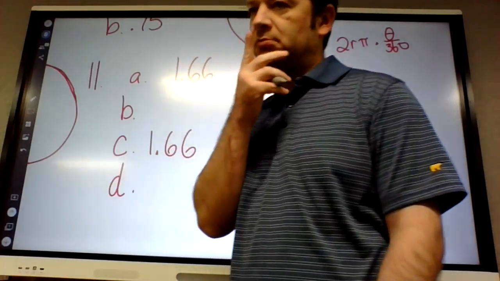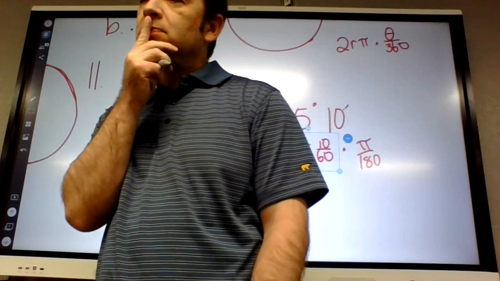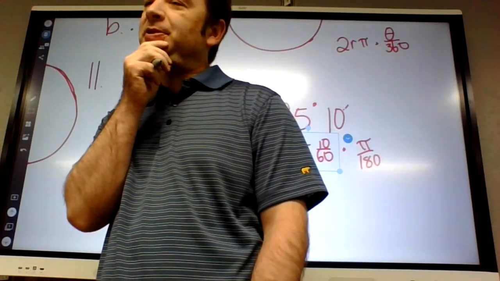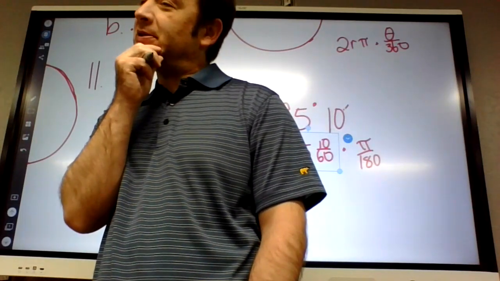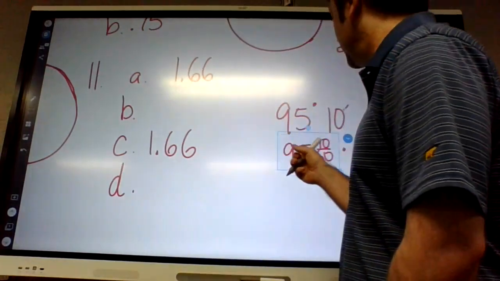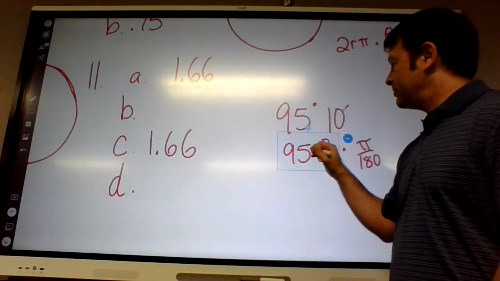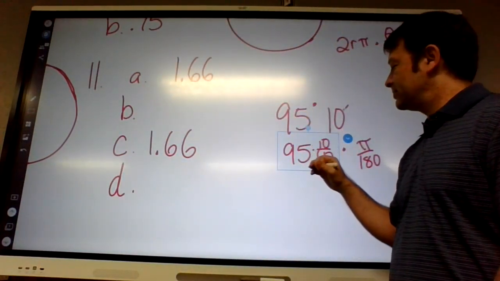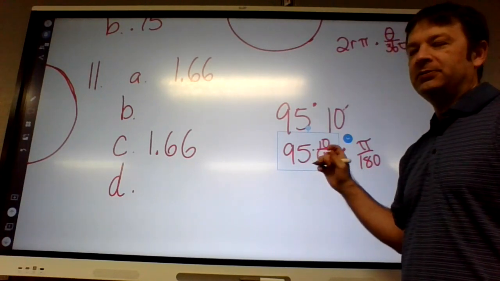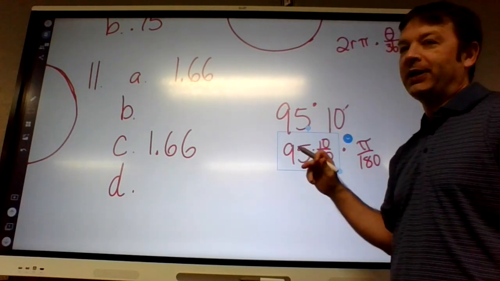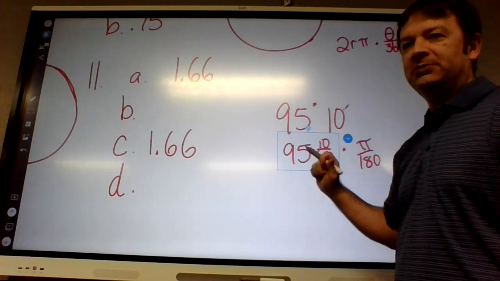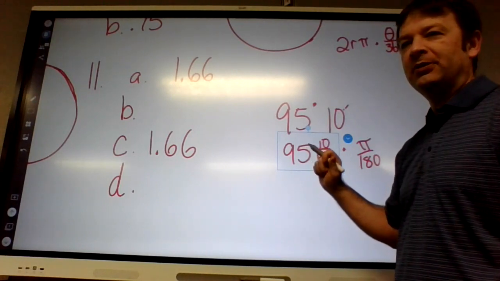What did I plug it in? Did you just write a fraction next to 95 instead of putting it as a mixed number? They might have multiplied that together, probably. And you don't want it to be multiplied. It's more like adding, so put it in as a mixed number.